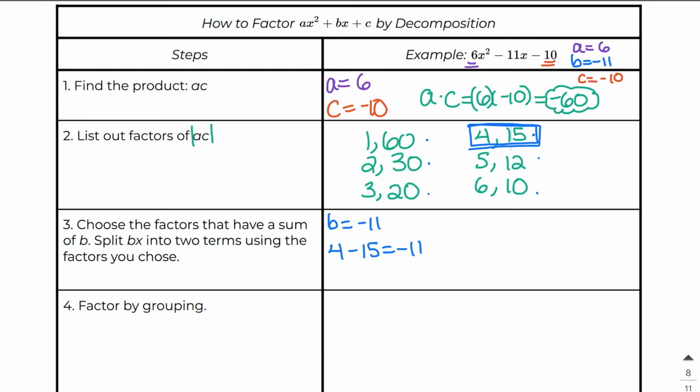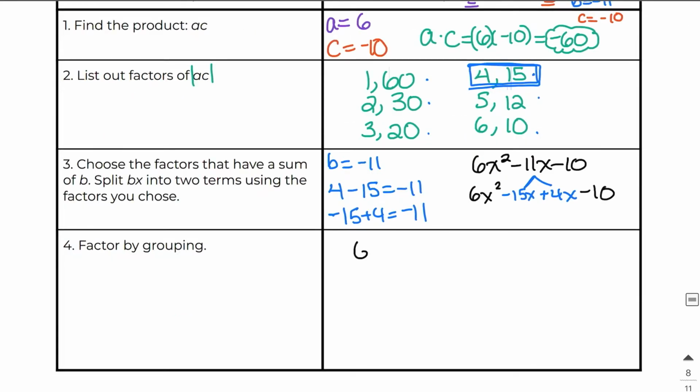Then it says split bx into the two terms using the factors you chose. By the way, we can also say negative 15 plus 4 is negative 11. It doesn't matter. So I'm going to split up this negative 11x into negative 15x plus 4x. And then I'm just going to copy the 6x squared down and the minus 10 down.